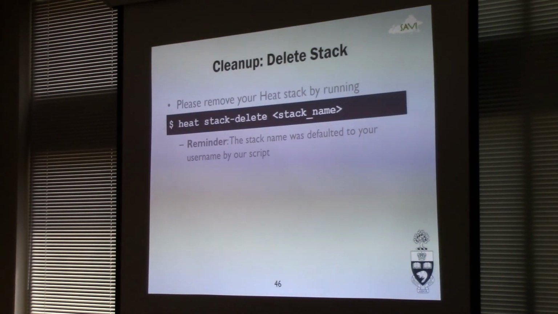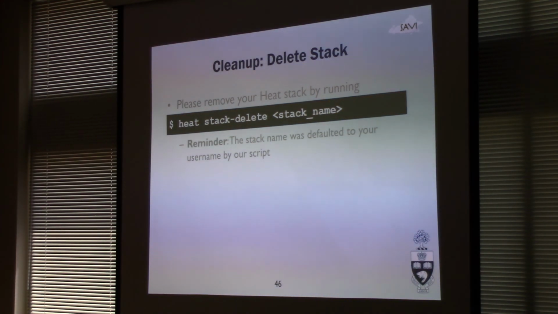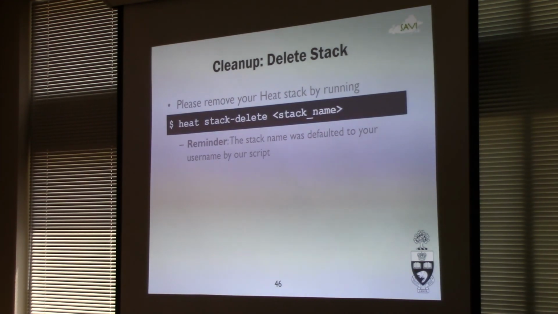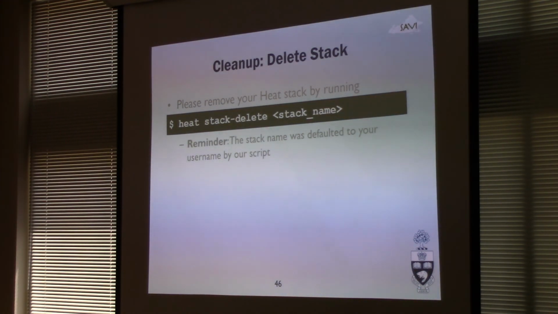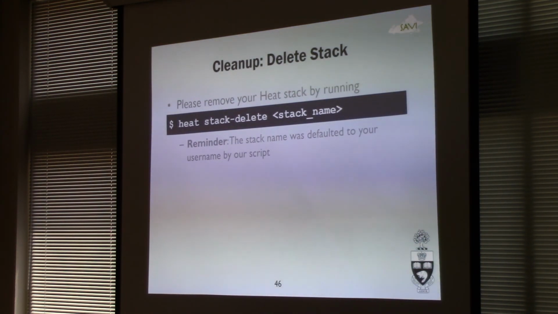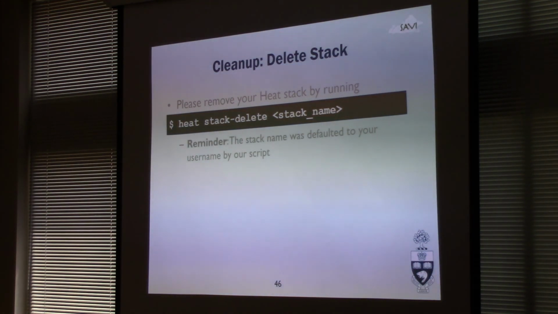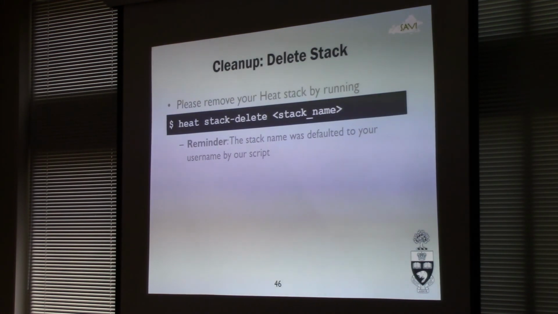So gateway should be out. Firewall should be no box, but server should be out. And then again, just type heat stack-list just to verify that all 3 stacks have been properly deleted. And if that's been verified, then you're done.